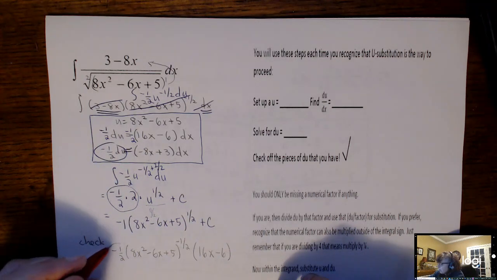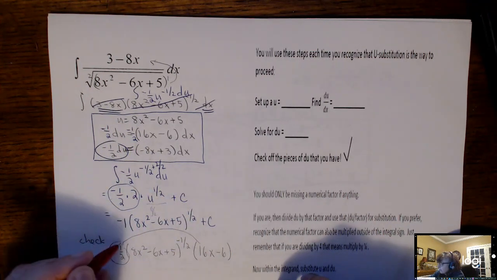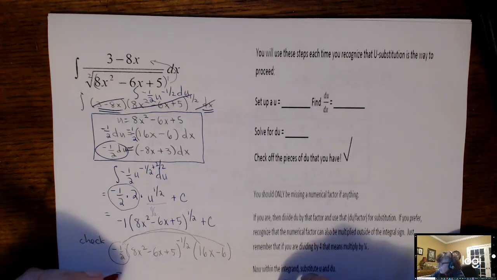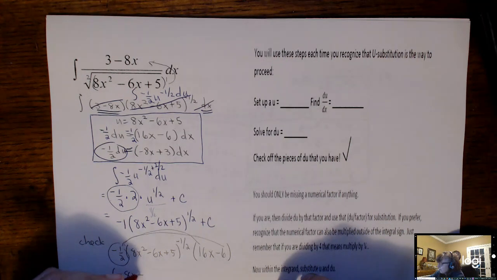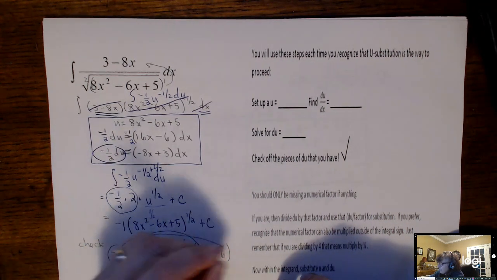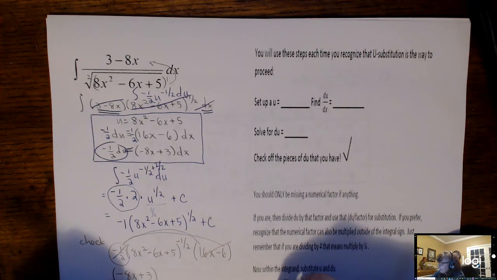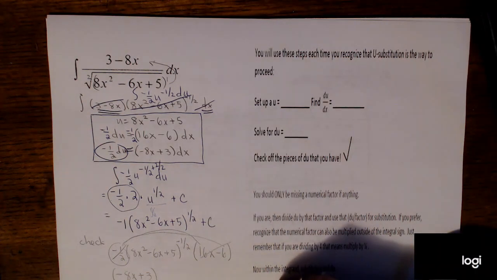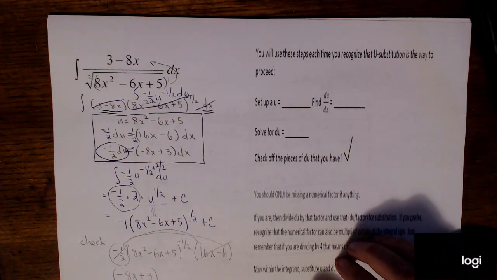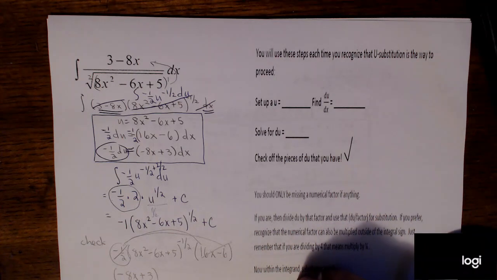And then if you multiply this times that, distribute, you get negative 8x plus 3 times this, which is a negative 1/2. And that gives you what you started with.